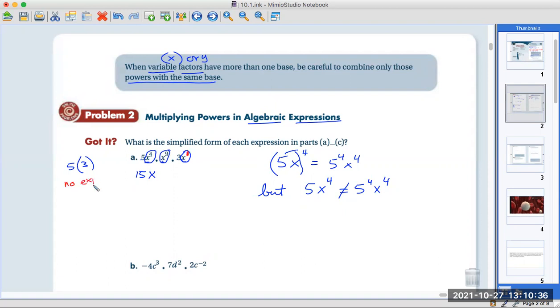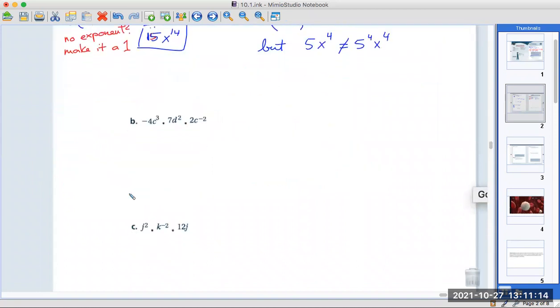Okay, let's add our exponents. 15, 5 times 3, x, write it once. 4 plus 9 is 13, plus the 1 is 14. This is your answer.